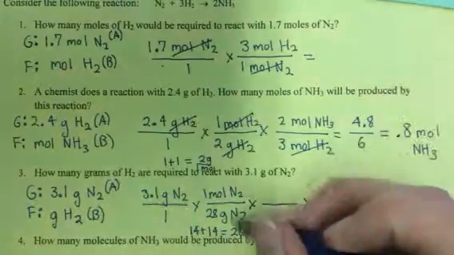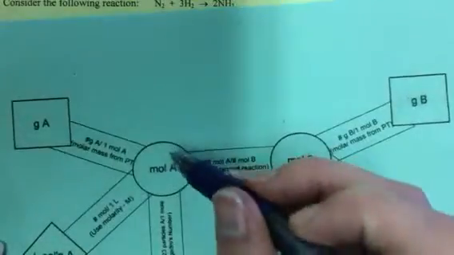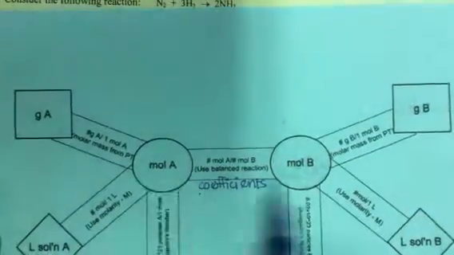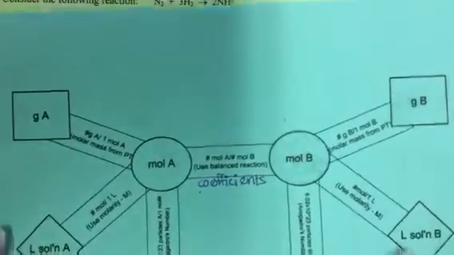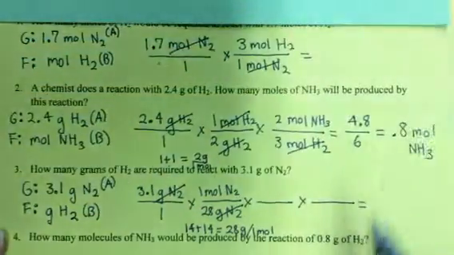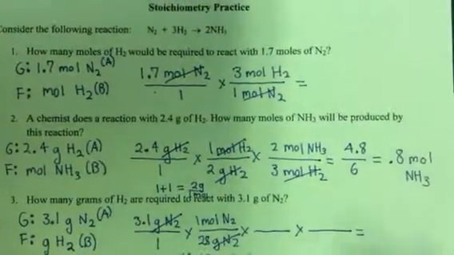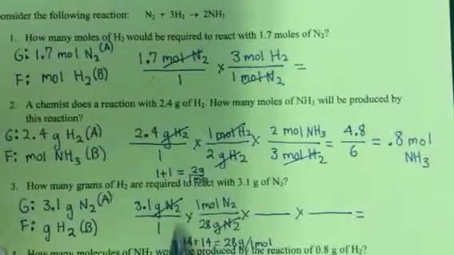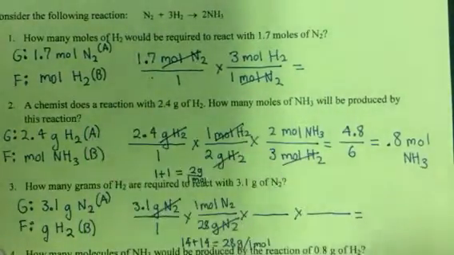Now my grams have canceled out, so I am now in moles of N2, or I'm at the moles of A circle. I want to now get to moles of B, and I need to use the coefficients to do that. So I'm trying to get to H2. So looking back up here at the equation, I need to cancel out N2. The coefficient of N2 is just a 1.